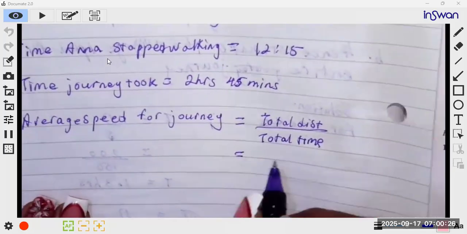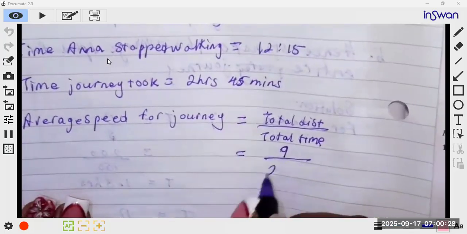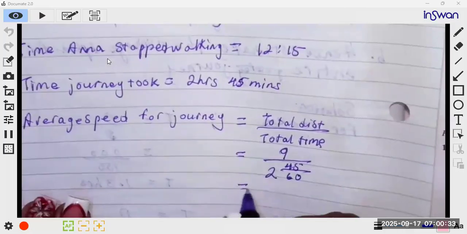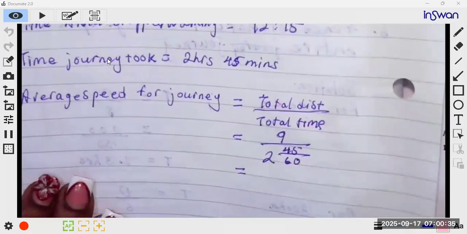And my total distance is 9 divided by 2 hours and 45 minutes. I'll put 45 over 60. So check and see what's your final answer.